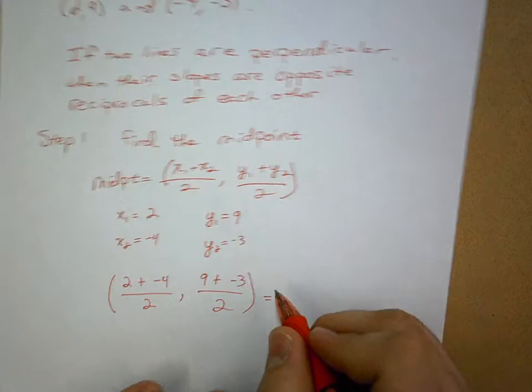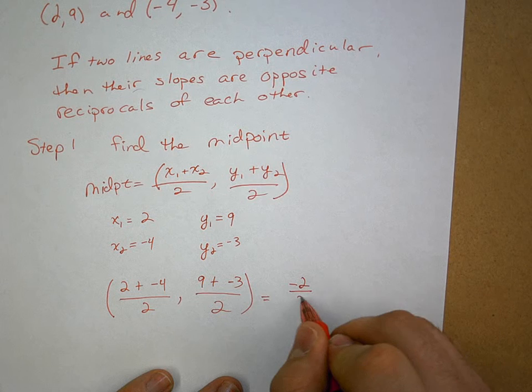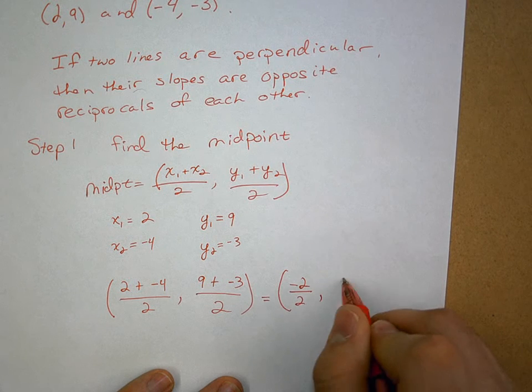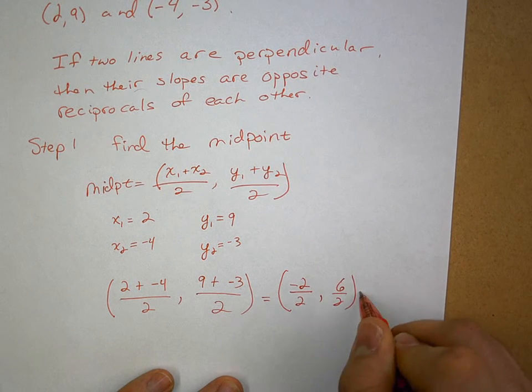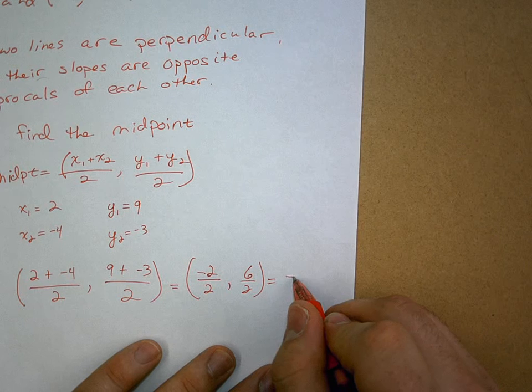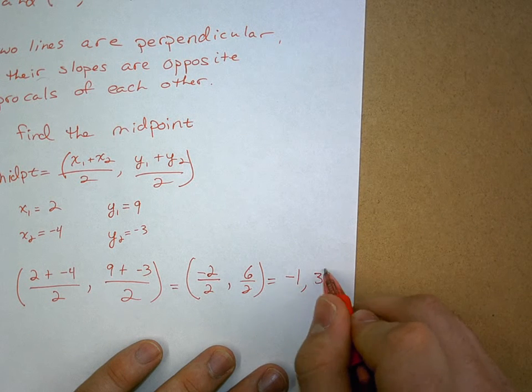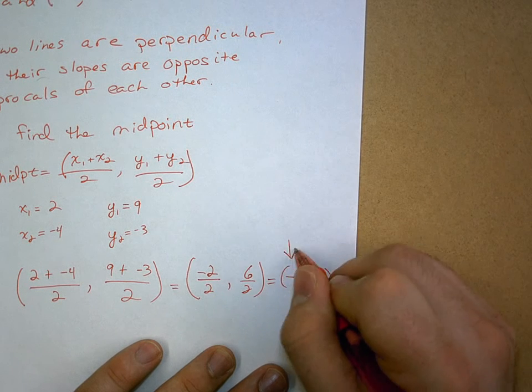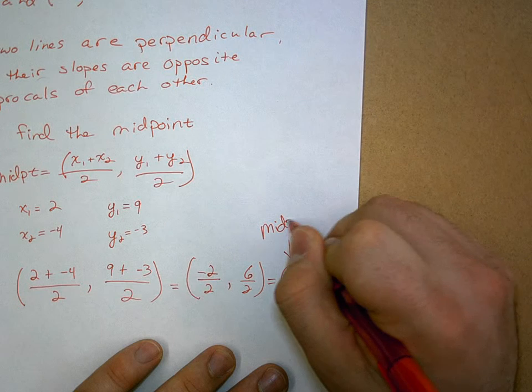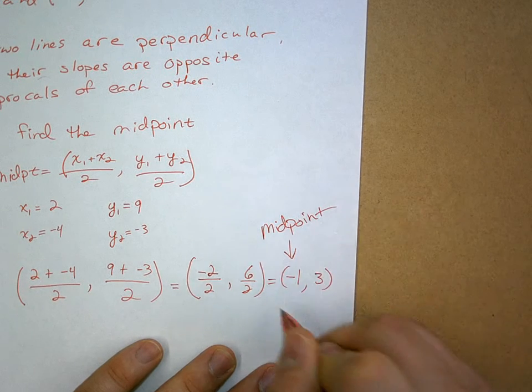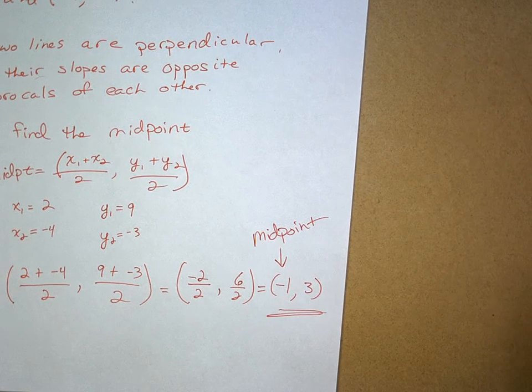We simplify, we get -2 over 2, and 6 over 2, which also simplifies as -1, comma, 3. So here is our midpoint. Keep this in mind as we go through the rest of the problem.